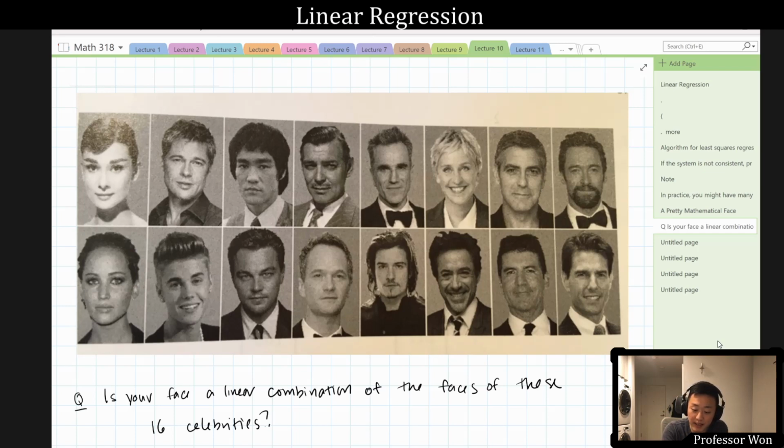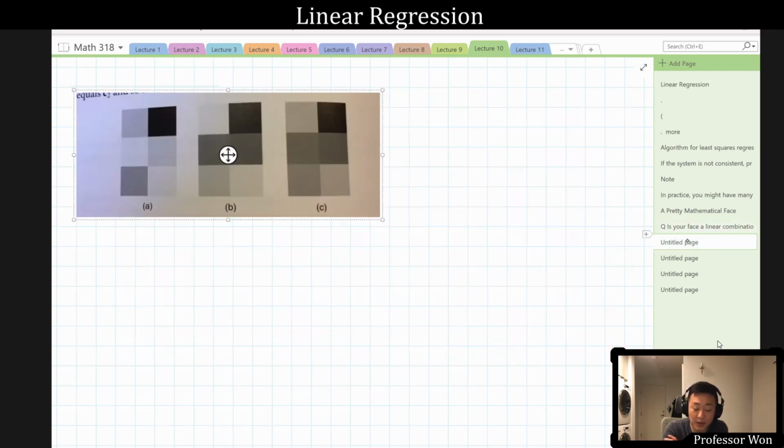Right, and the point is that if we do the simplest thing, which is we take a grayscale image of your face and of all these celebrities' faces, then every grayscale image looks like a bunch of pixels. And you can record how much light that pixel is emitting on the grayscale.